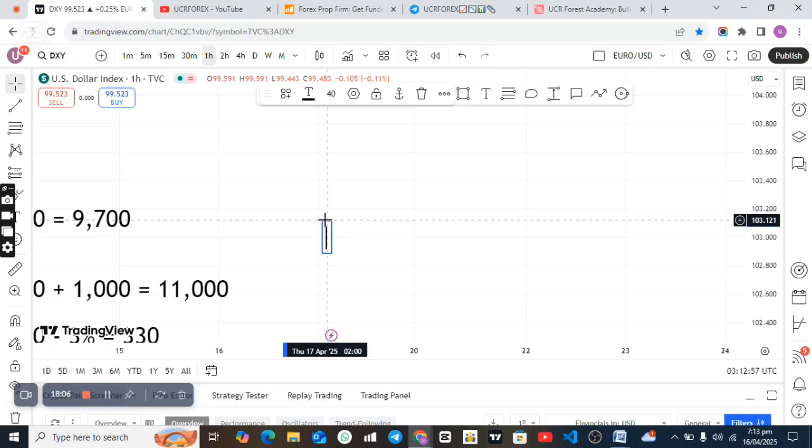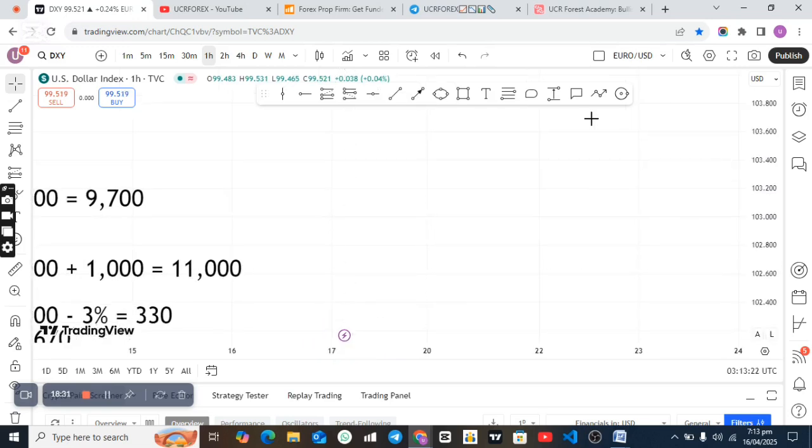So as you can see, the trailing drawdown and the daily drawdown are not the same. The other one will always be moving up with your profit. This one is just a strict rule inserted there that if you lose 200 USD in a day, or 2% of that particular account you bought, your money is gone. So you need to know that.